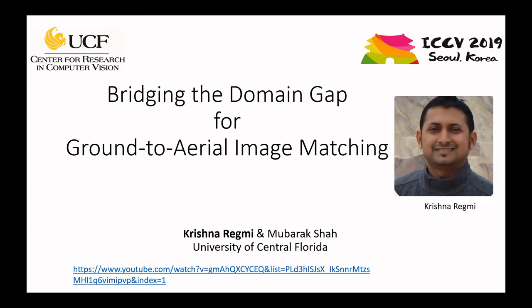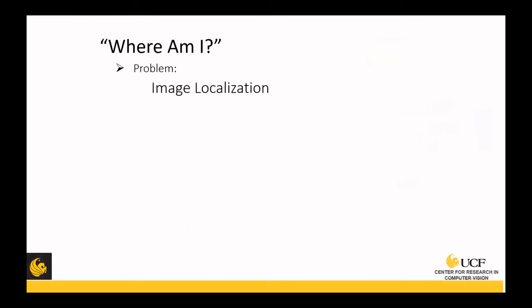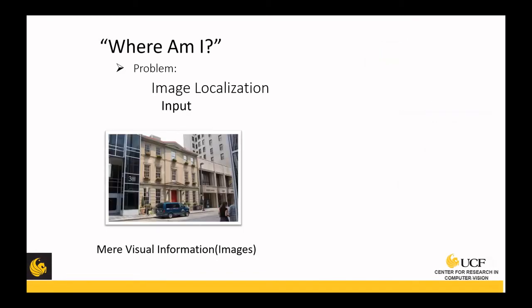which is called ground to aerial image matching. And this we can use also in geolocalization. So the idea is, we call this problem actually, where am I? So let's say you are lost and your GPS doesn't work in your cell phone and you don't know where you are.